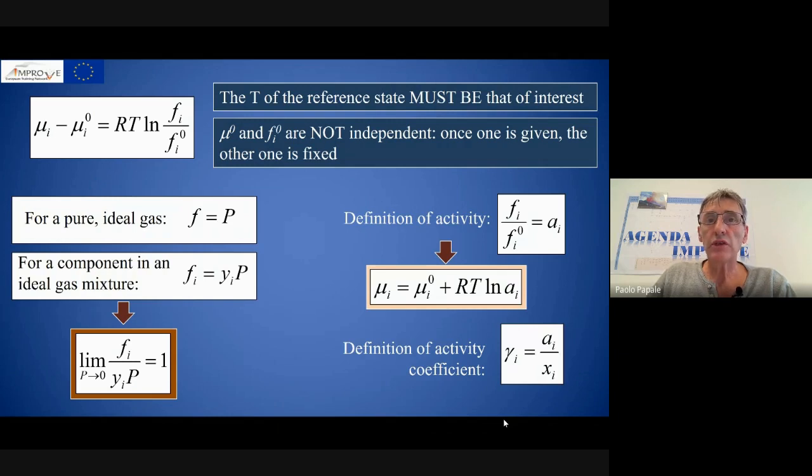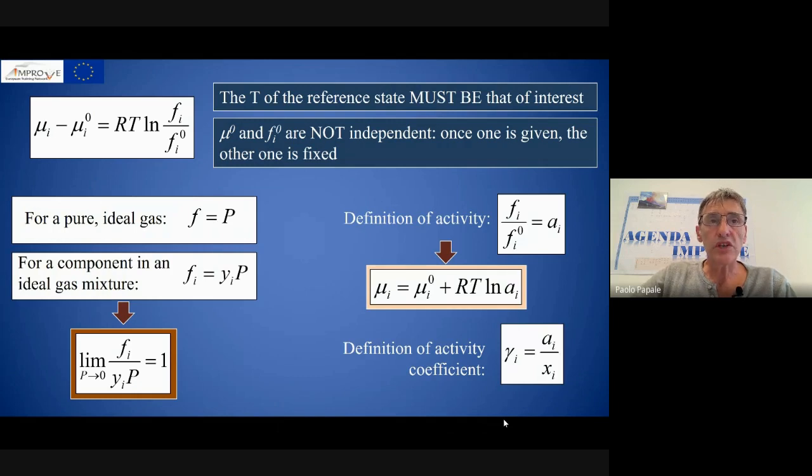Here, in the definition of the activity coefficient, I have used X, but could equally use Y. I just used X because the activity coefficient will be employed in the following to define the components in the liquid state, and this makes the equations consistent throughout the slides in this training module.